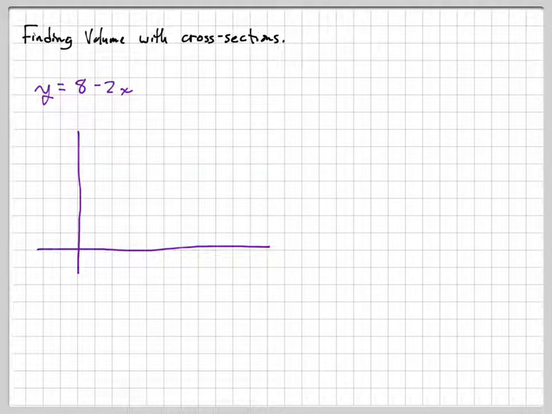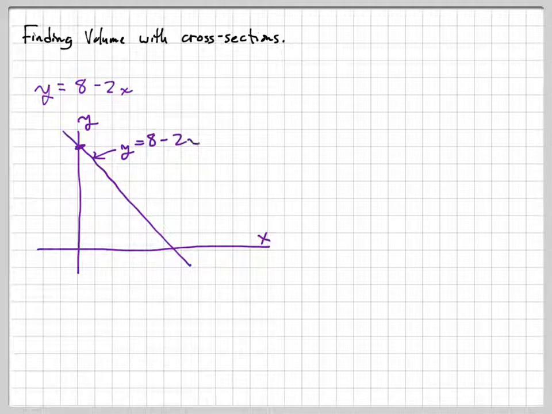Well, I haven't drawn the shape yet, but I did give you guys a function, okay? So what normally happens with problems like this is they start with an equation, and they say, okay, the base shape is given to us by the y-axis, the x-axis, and this function we're going to call y equals 8 minus 2x.